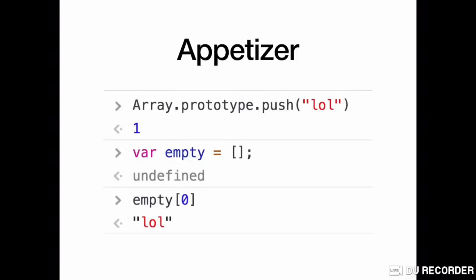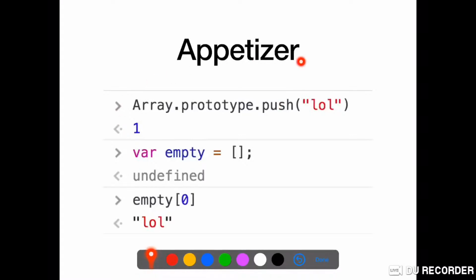Okay. And before I begin, this is an appetizer. Jimmy, the guy online, he shared this JavaScript thing with me. In JavaScript, you can do something strange here in the first line, and then you initialize an empty array. But the 0th element of the array is LOL.